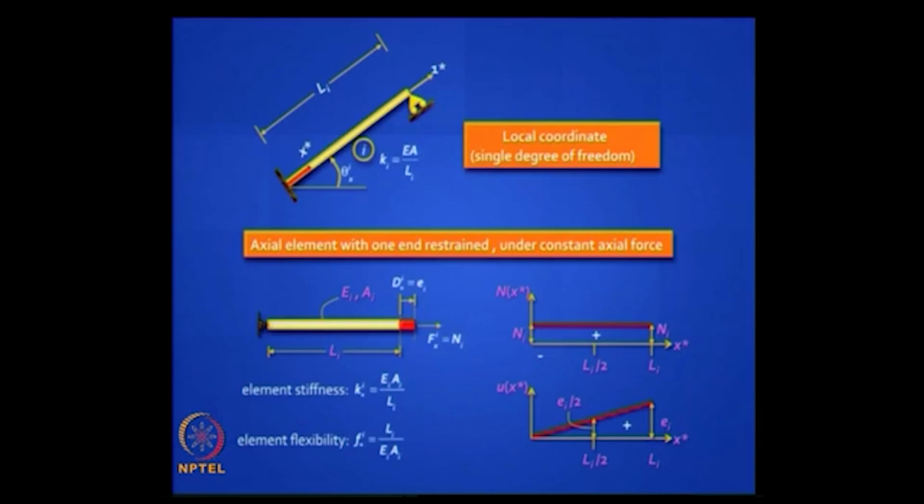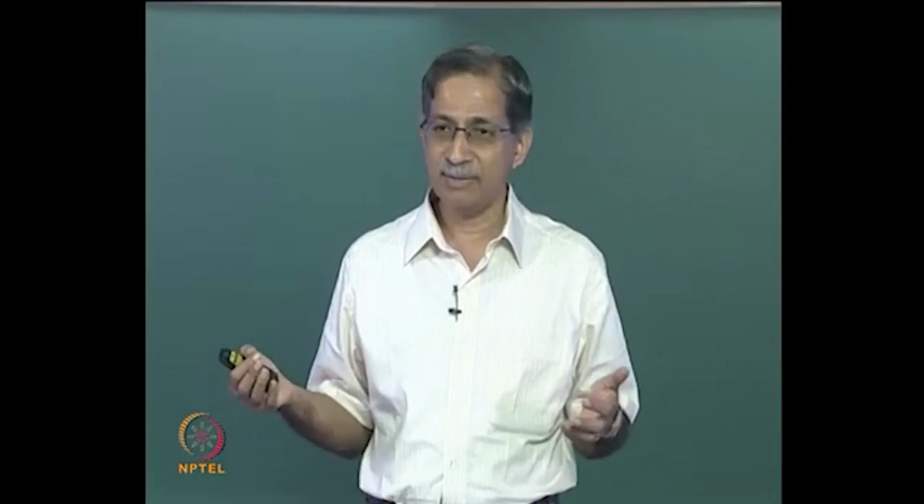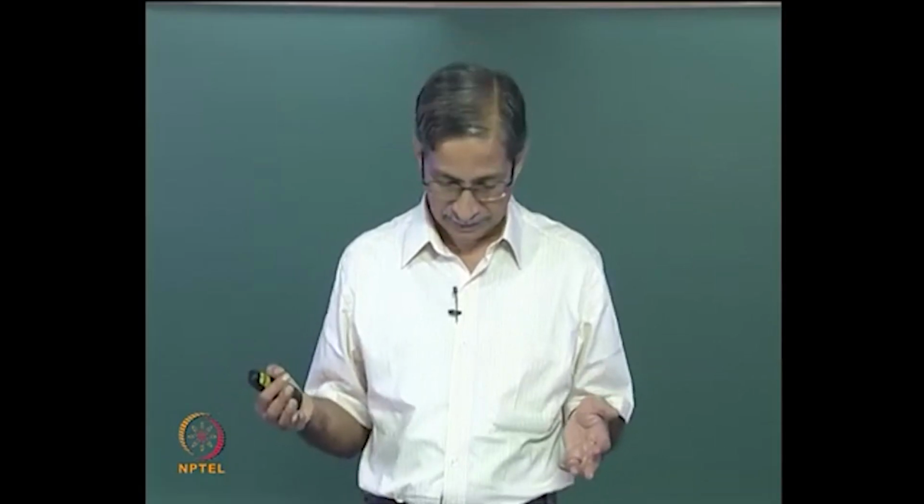You can even eliminate that 1 because it is a 1 by 1 element stiffness matrix, but it is left to you. And the only problem with this element is you can't discriminate between variations in end forces at the two ends. You can have only a constant element force in this as shown here.